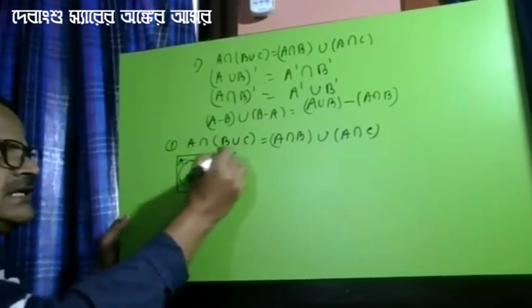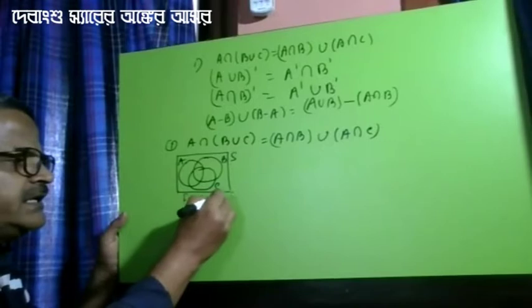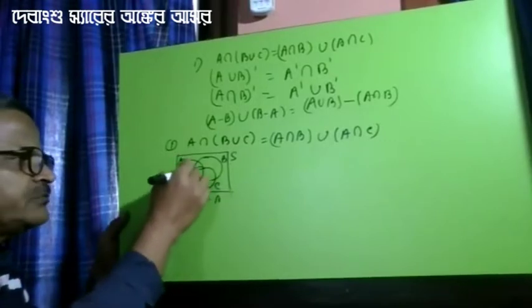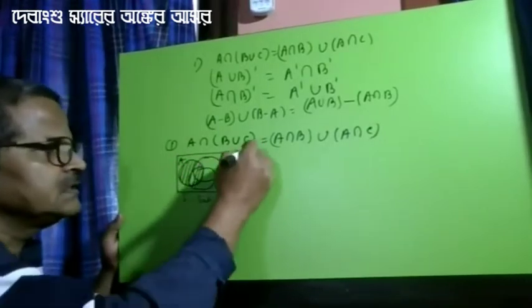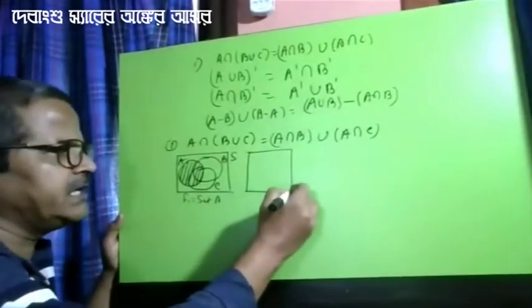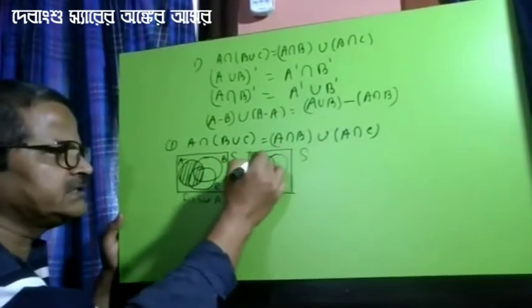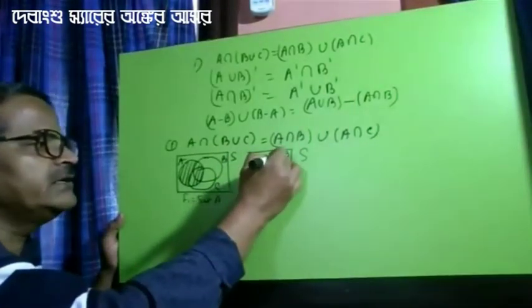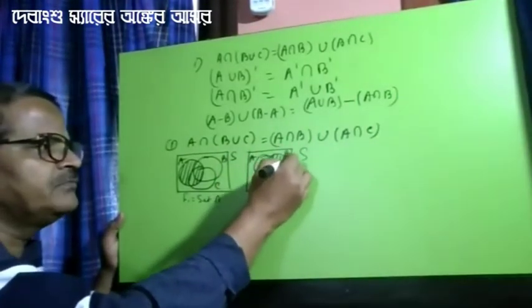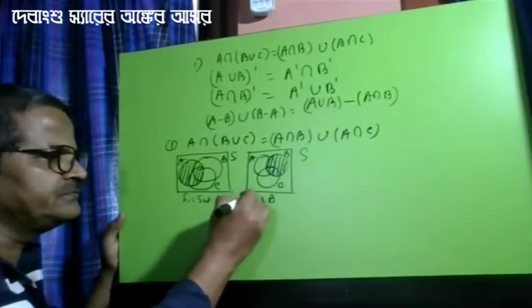Now this is S, the first figure F1, set A. So I will shade the portion within the A circle. The second picture will again contain three circles, that is three sets, and will shade the portion within set B, that is F2.